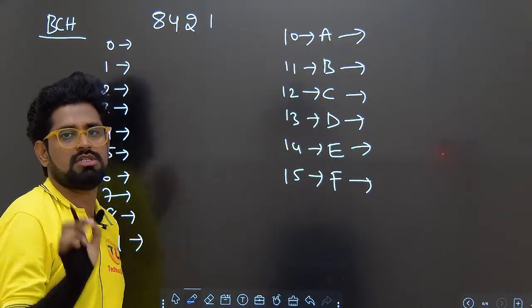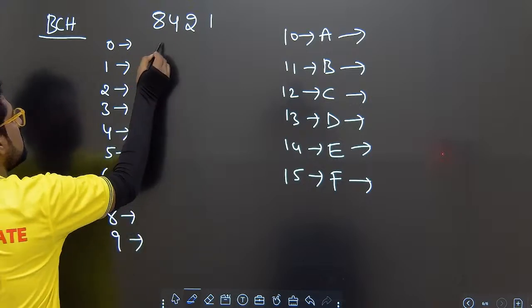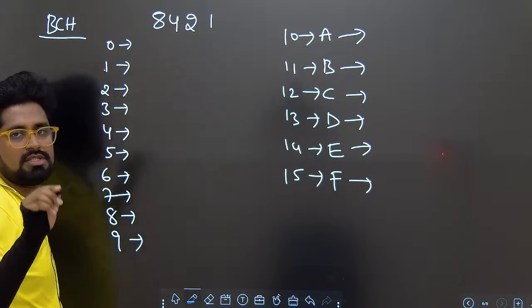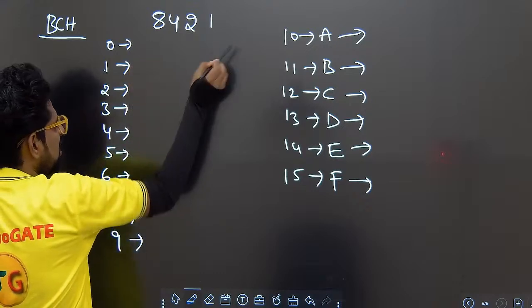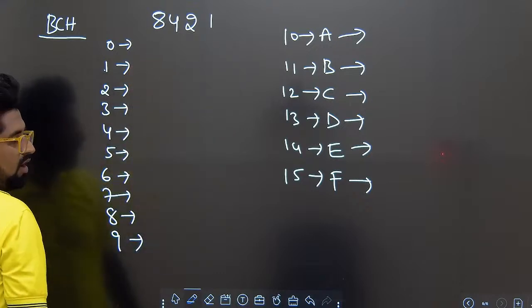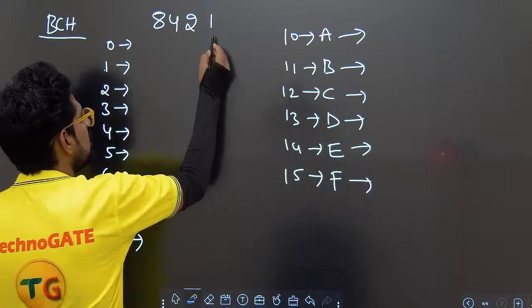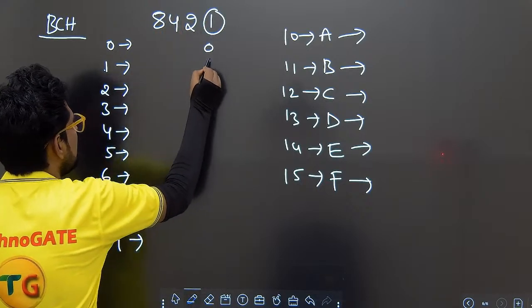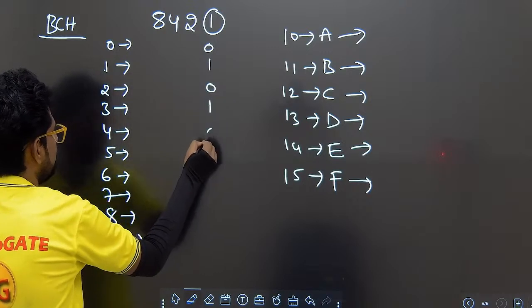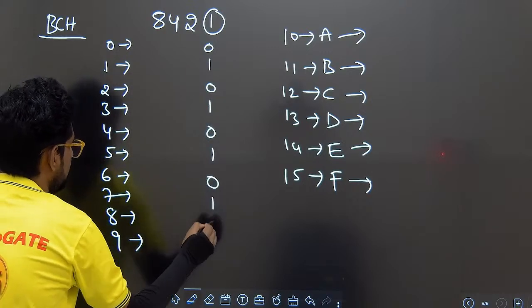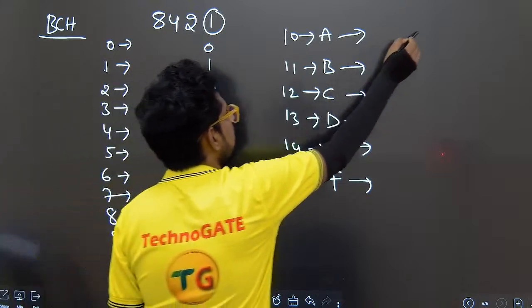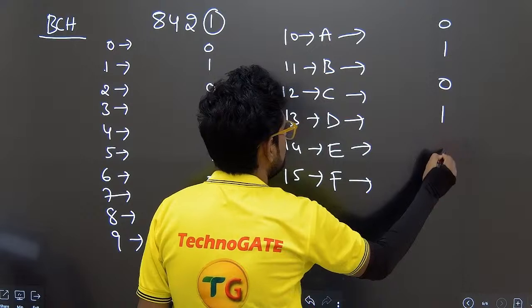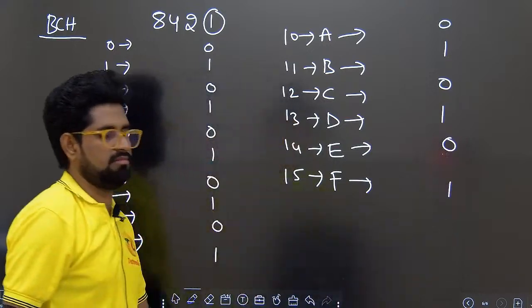Okay. So wherever you want 1, write at that place 1. So 0 means all are zeros. Simply I am saying one logic here. Try to observe. 1 means write 0 1 0 1 0 1, alternating zero and one digits.